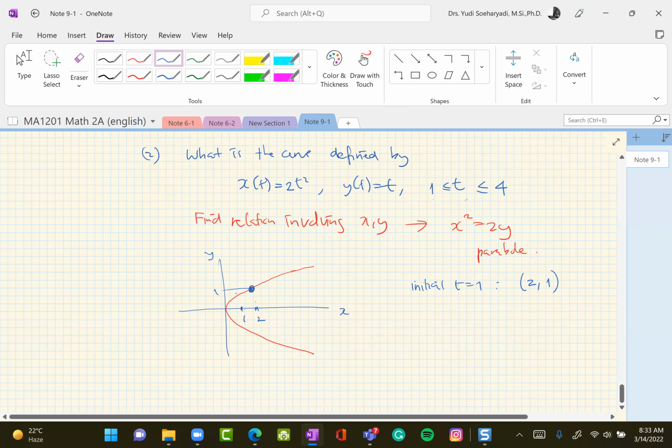And when, say, t equals 2, for example, see the direction. When you plug in 2, you get 2 here, 2, 4, 8. So 8, 2 here. And t equals 4 is 4, 4 squared 16, 32, 32, 4.